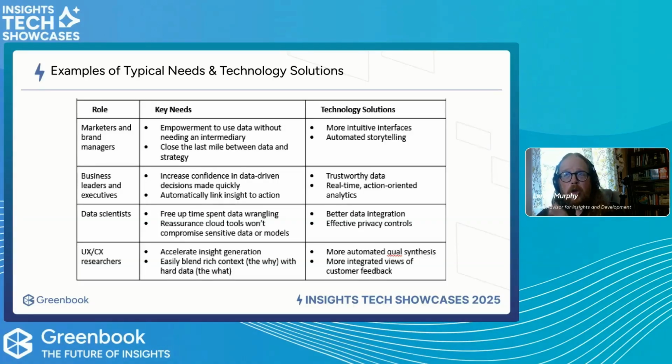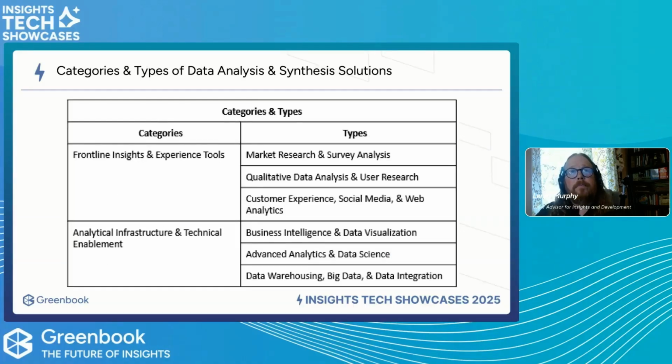So we're kind of in a golden age right now where we can have the best of all three worlds: foundational quantitative analysis, the integration of qualitative analysis of unstructured data at scale, and AI to change the process to get to the story faster. So a lot of the companies you're going to see here are pioneering that. And that can speak to a lot of the needs of each of these constituency groups.